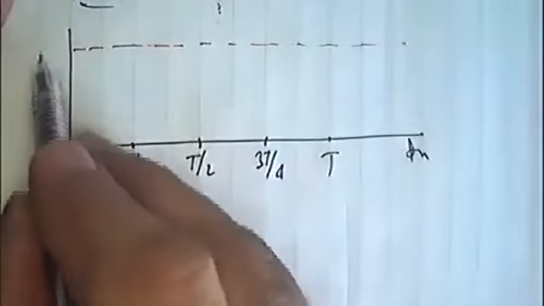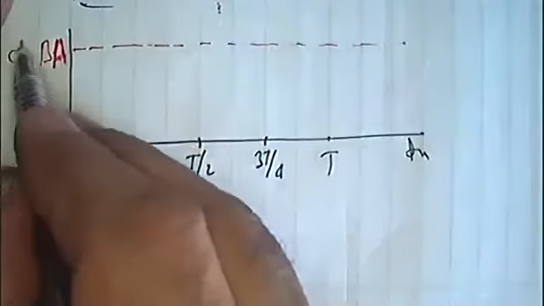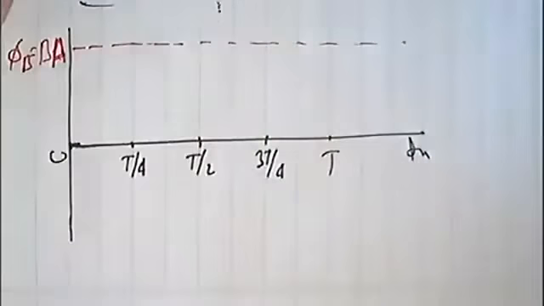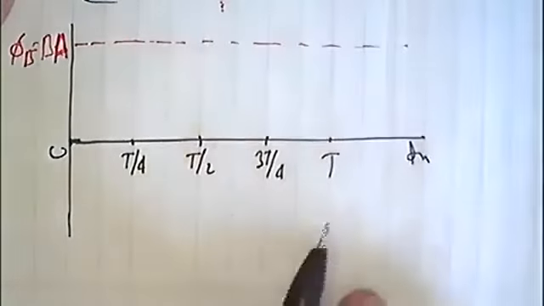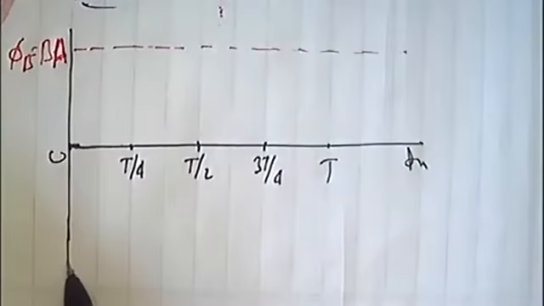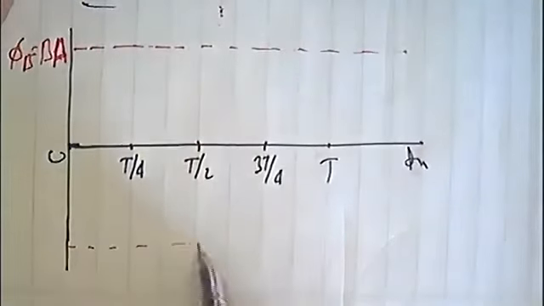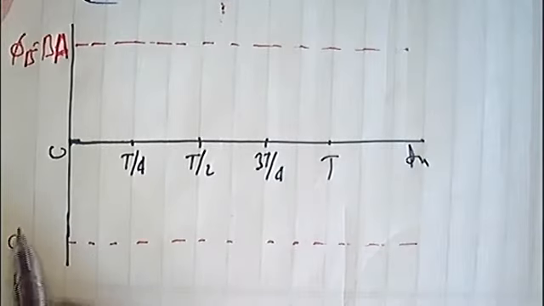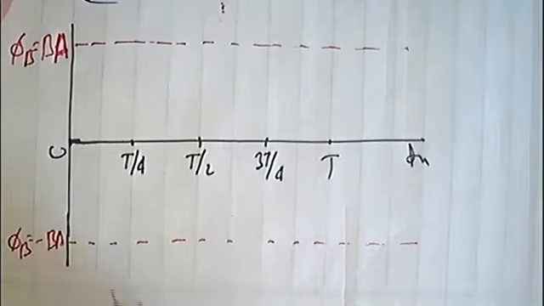How does the flux vary? The variation of flux remains same. It does not change, because you have changed only the connection to external circuit. There is no other change in the structure of generator. So the flux keeps on fluctuating between BA and minus BA.